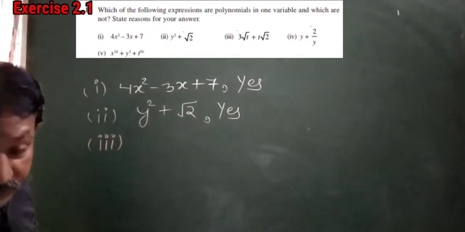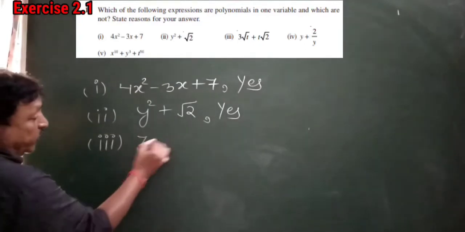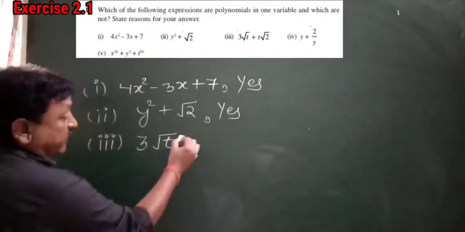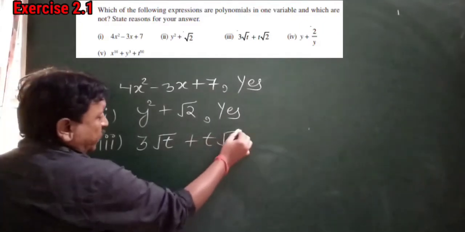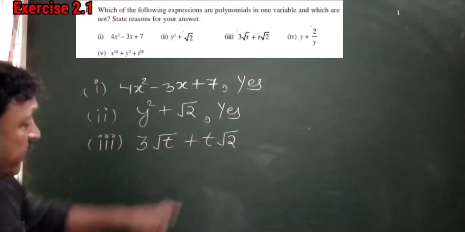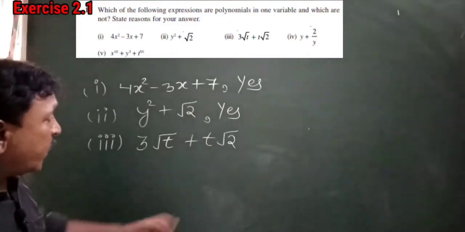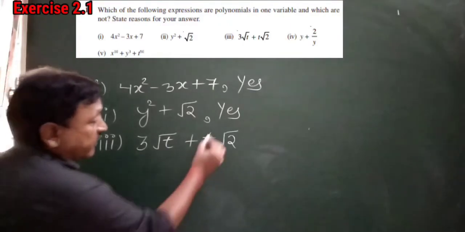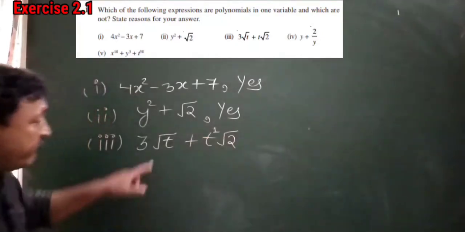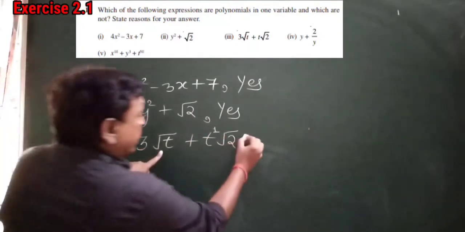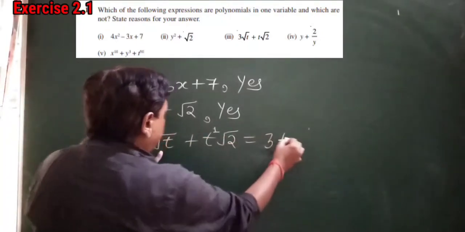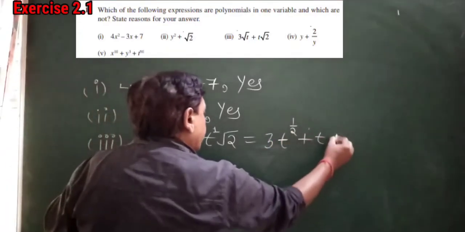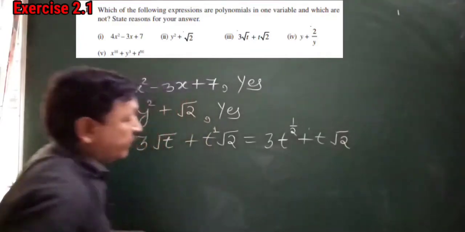Part third is saying 3 root t plus t root 2. See here, the variable used in this problem is t. Actually it is 3t raised to the power 1 upon 2 plus t root 2.